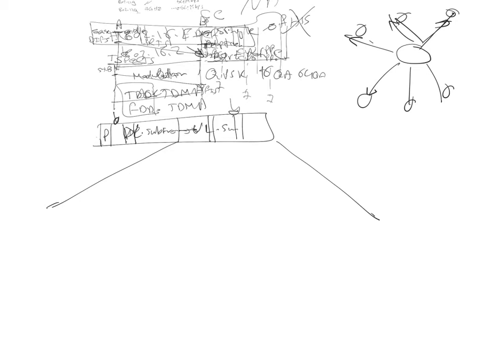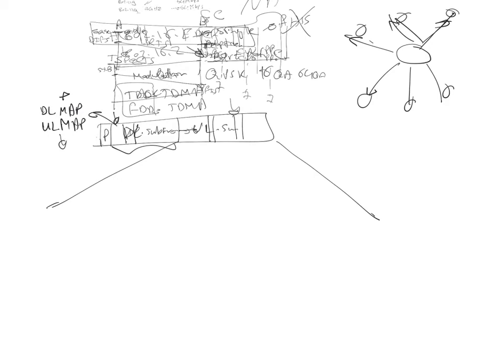So at the beginning of the downlink subframe, the base station will send this downlink map and the uplink map. So the downlink map will send information about what time slots are assigned to which node. So each one of these will say, okay, the first time slot is assigned to node 3. The second time slot is assigned to node 5, and so on. And in the uplink map, the same thing.